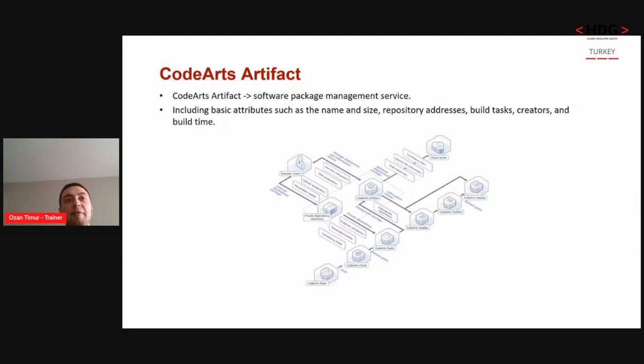We said we have two types of repositories. The first one is the release repo, where we can see our build results and use them in the CodeArts Deploy section. The second one is the self-host repo. Here we can store special component packages about development languages and use them as snapshots in the system.